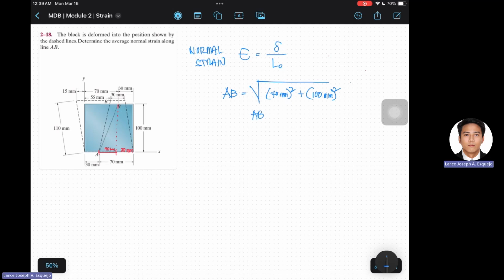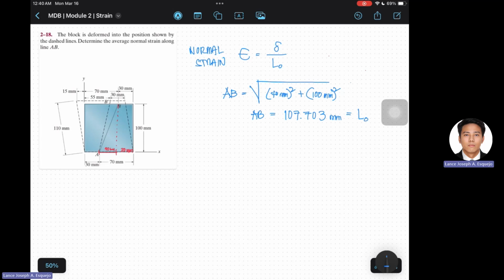Therefore, ang length ng ating AB is 107.703 millimeters. And this is our L sub O, or the initial length.